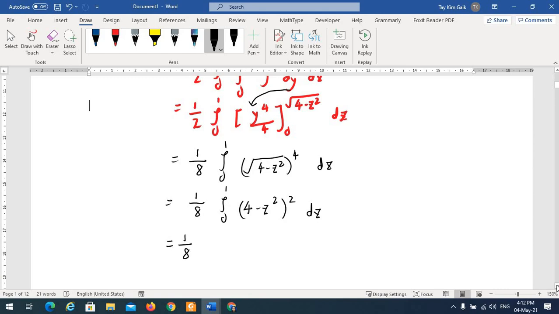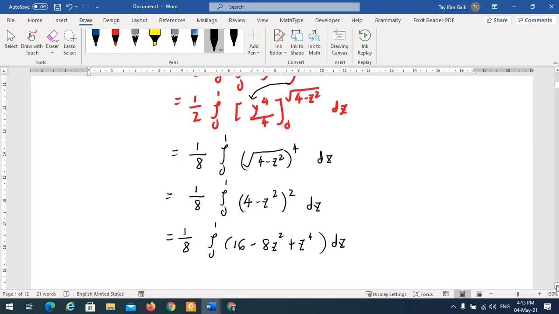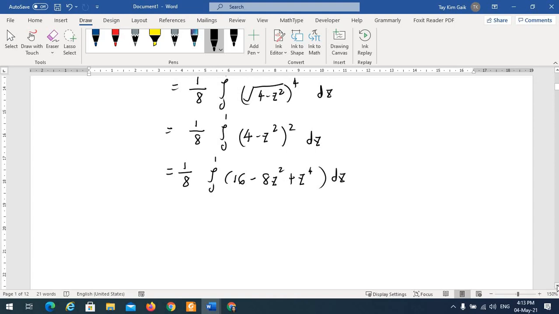Either you use a scientific calculator or you expand it and integrate manually: 16 minus 8z squared plus z to the power 4, dz. Or from this step, you may use your scientific calculator to integrate it.